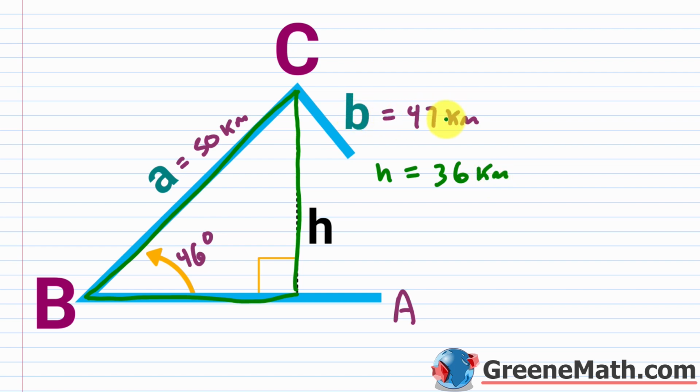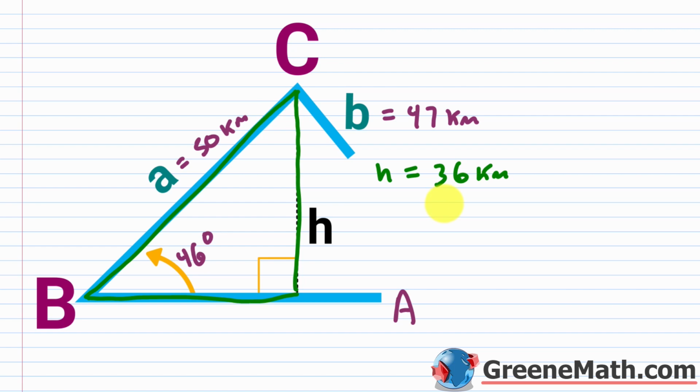If this side right here is greater than the height, but it's less than this side over here that's given, then that's where you're going to have 2 triangles. So here you can see that that's going to be the case. Now, the last scenario is you have 1 triangle and it's not a right triangle. So that's going to be when this side right here is greater than or equal to this side over here. Okay, when that happens, you have 1 triangle that's not a right triangle.